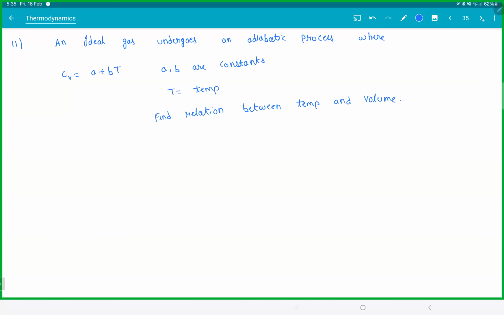How do you do this? This is not any regular process that we know of. Cv is depending on temperature, and it is an adiabatic process.